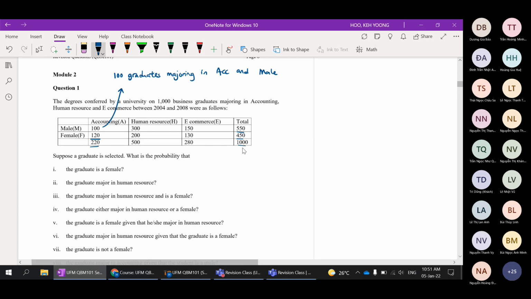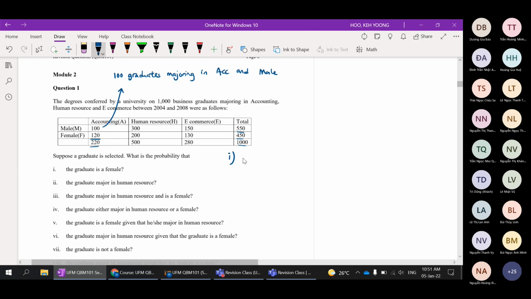When you add up, you get 1,000. So the first question is, what is the probability that the graduate is a female? Let's say you randomly select a graduate out of the 1,000. What is the probability of you selecting a female?